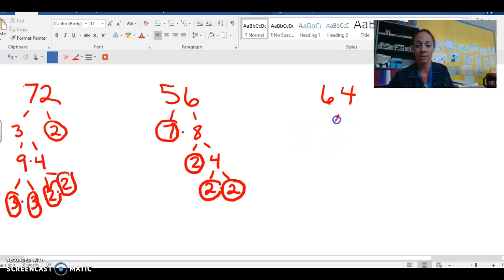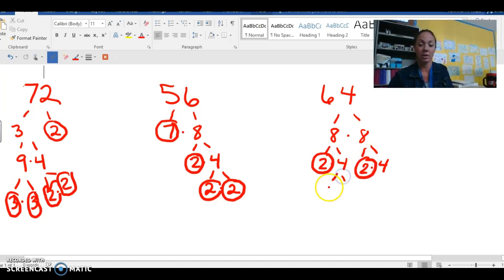And then for 64, we have 8 times 8, which then goes down to 2 times 4 for both of those. We'll circle our 2's because we know we can't go any farther. Those are prime. And then we have 2 times 2 and another 2 times 2. We're going to circle all of those. That is a lot of 2's.